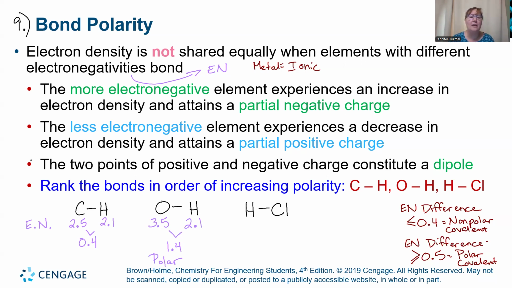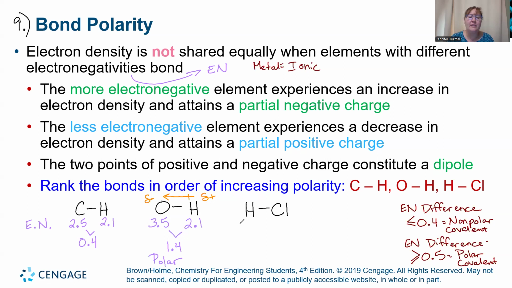See how this is 2.1? That means that this hydrogen has a delta plus, or a partial positive, and the oxygen here has a delta negative charge. So what that means is that you draw this little dipole aimed like this from the hydrogen to the oxygen to say that the electron density has moved closer to the oxygen.